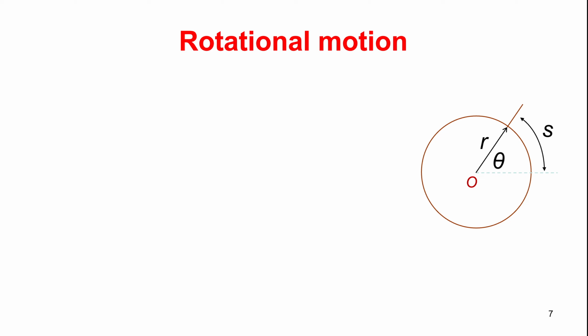So in general, motion can be rotational and translational. Let's see how we can analyze and formulate the rotational motion. Let's think of a particle that is moving on the path S around the center O. The radius, the distance between the particle and the center O, is R, and at each time the radius has the angle theta.